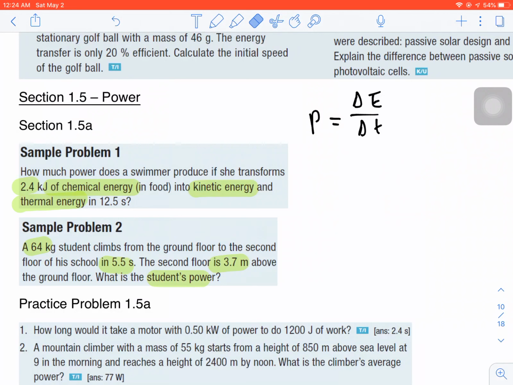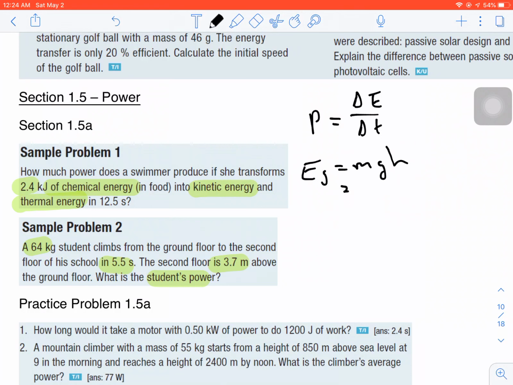So for problem 2 here, the question is, what is the power? Well, I need to know what the energy is. The easiest way to solve this problem is to ask, what am I doing? Well, I'm going up. I'm generating gravitational energy. What was she doing? She was using up food in the previous question, right? So always look at what is happening in the question.